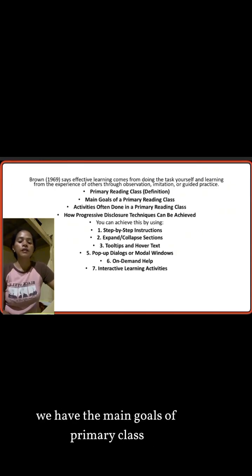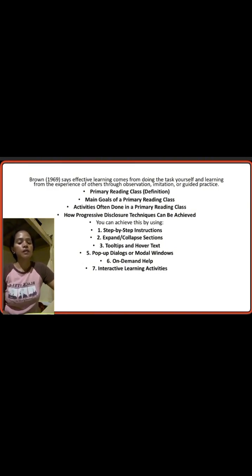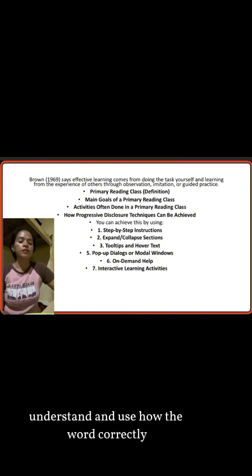We have the main goals of the primary reading class. One is to teach letter-sound relationships, like phonics. Children learn how letters represent sounds. Build vocabulary: learn, understand, and use words correctly.